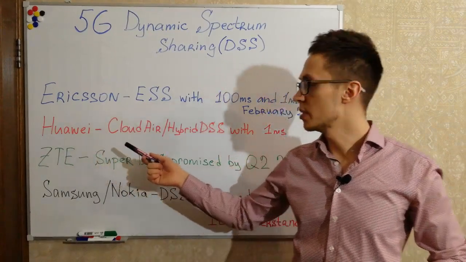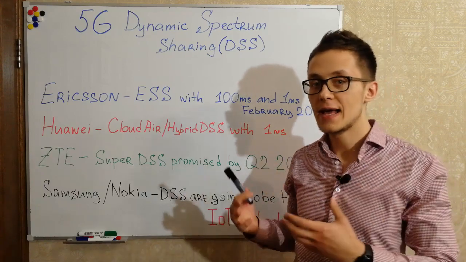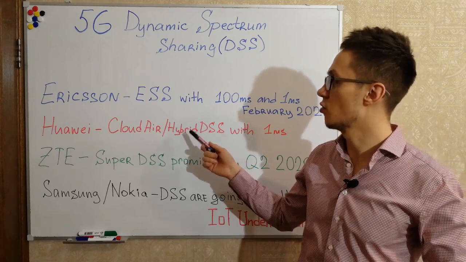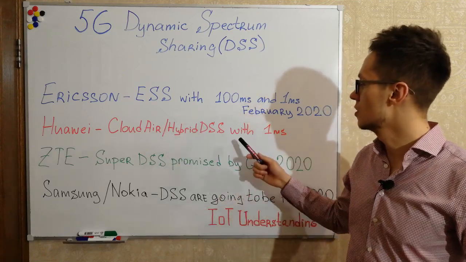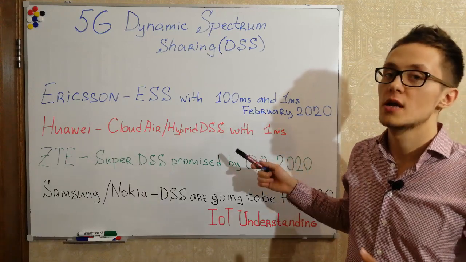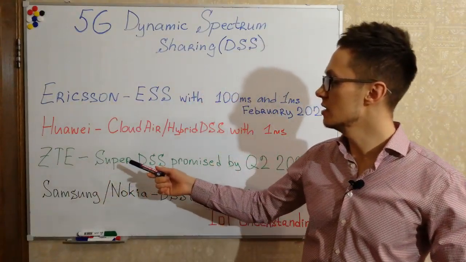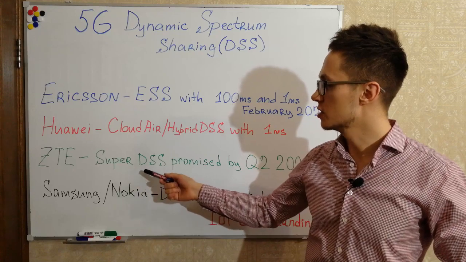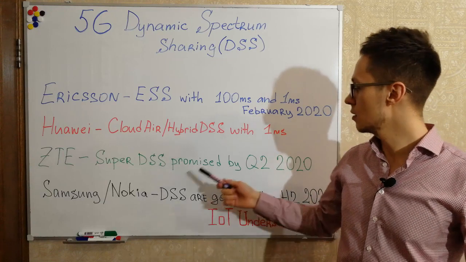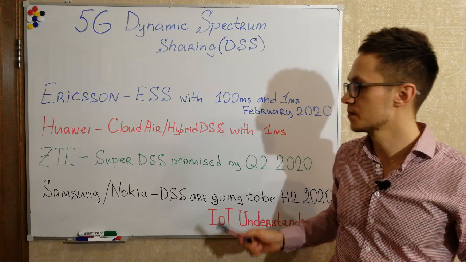Huawei claims that they already have their DSS, called hybrid DSS or CloudAir solution, with 1 millisecond resource allocation as well. ZTE has their own SuperDSS, but it is promised to be available by Q2 this year, 2020.